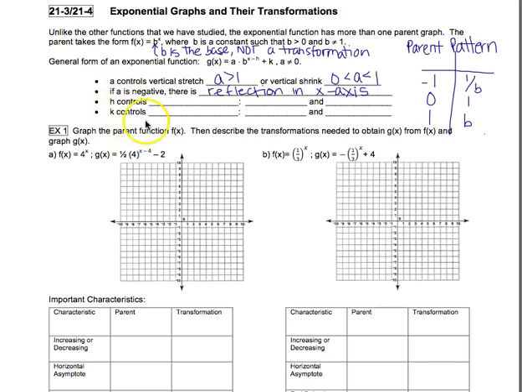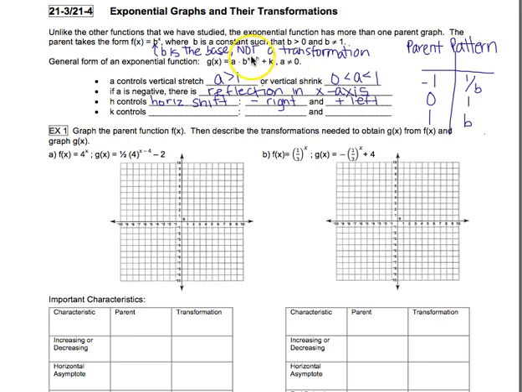h, just like it always does, controls horizontal shift. And same as always, if it's negative, it goes to the right, and if it's positive, it goes to the left. You can see where all of these are located.